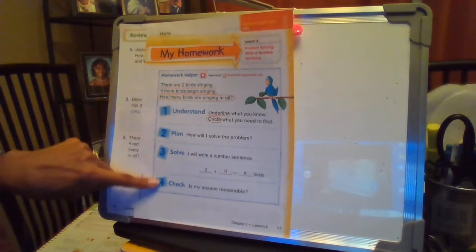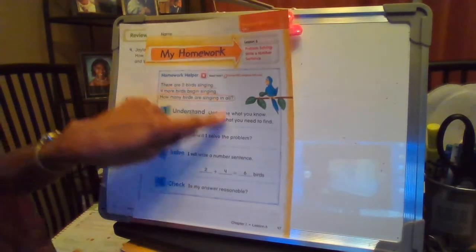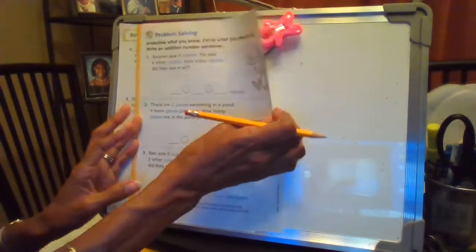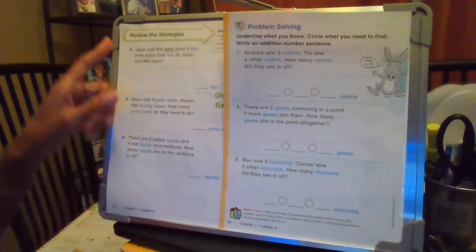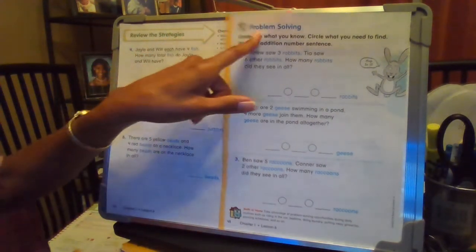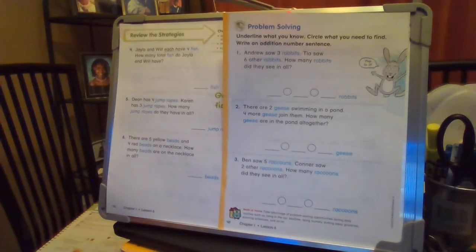Here's the steps to problem solving. Now you have to follow it, step by step. Write your name in the back and post. So you're posting 2 pages. Then review the strategy and the problem solving.